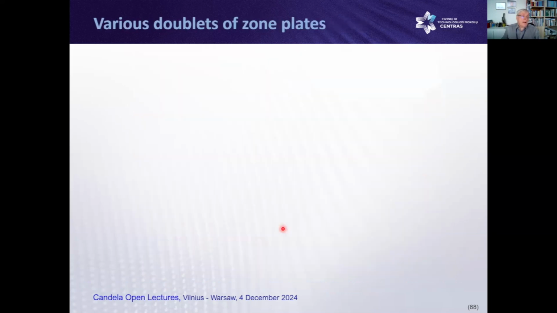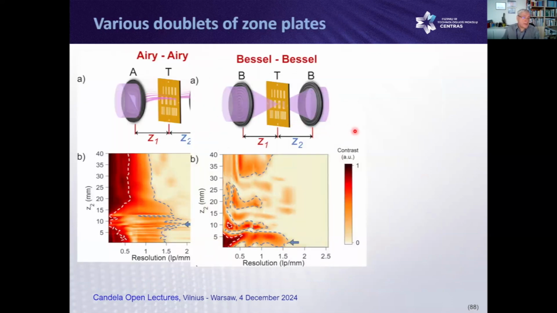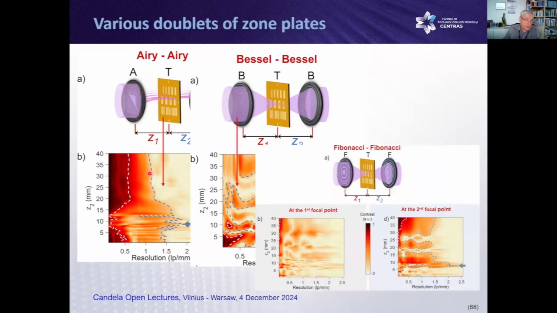If we try to go to various doublets, iris and Bessel, Bessel is absolutely not rational, good maybe for modern art, but not for implementation. Iris has a very specific approach here, and also a very good operation area and design freedom, in particular in terms of depth of focus.